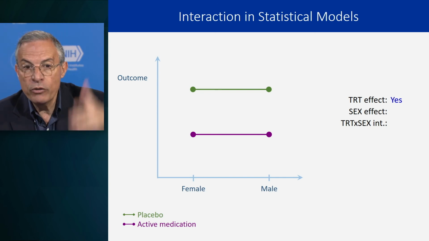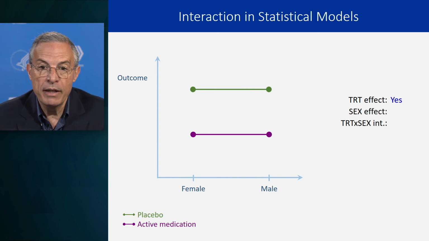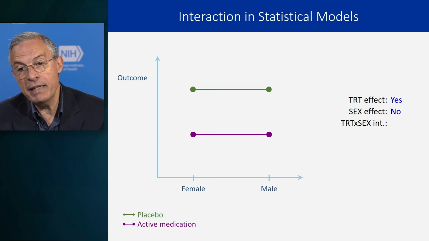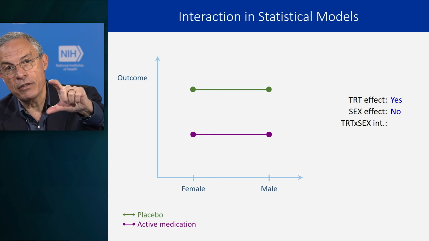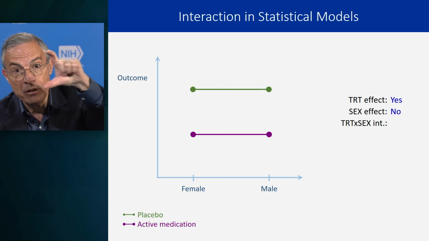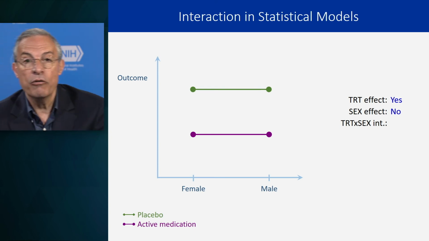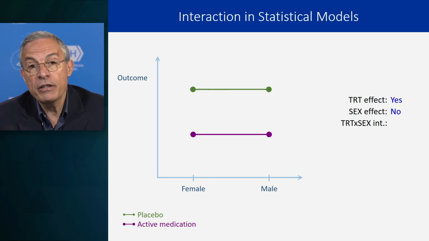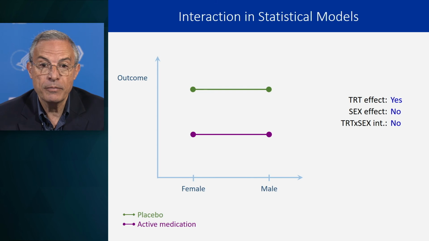So over both treatments, do females smoke more than males? And the answer is no. Is there a treatment by sex interaction? For the treatment by sex interaction, you look at the distance between the two treatments for females. That distance, is it the same as the distance for males? And the answer is yes, the distance is the same and there is no interaction.